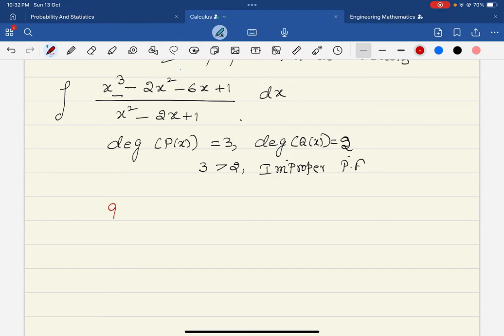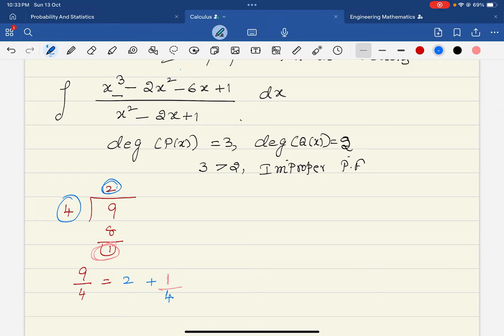For example, if you divide 9 by, let us say, 4, then the quotient is 2, the remainder is 1. Correct? So what we write is 9 over 4 can be written as 2 plus the remainder 1, over the divisor, that is 1 by 4.